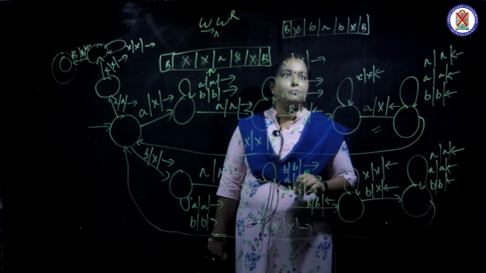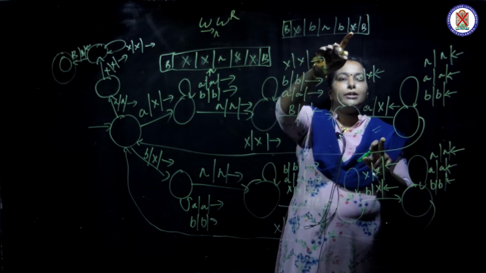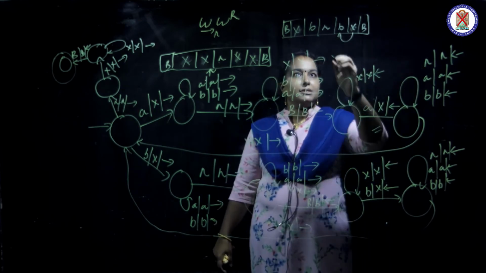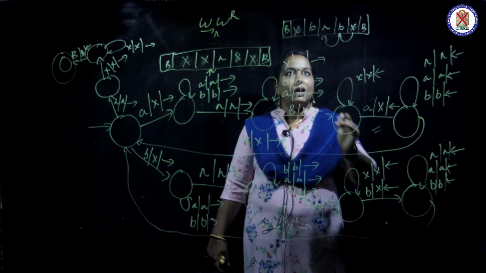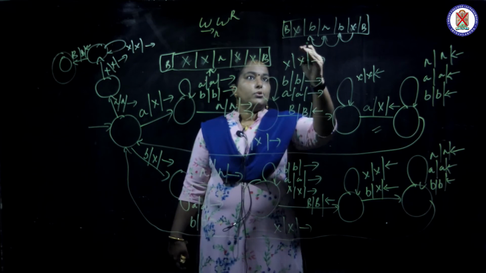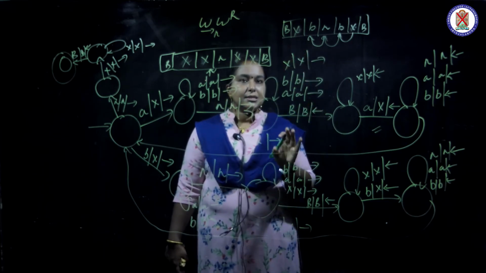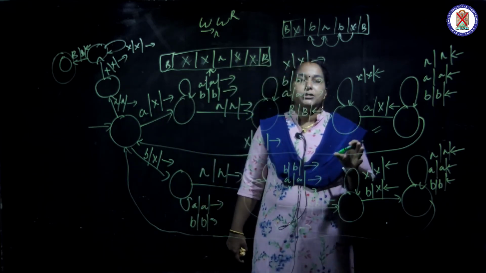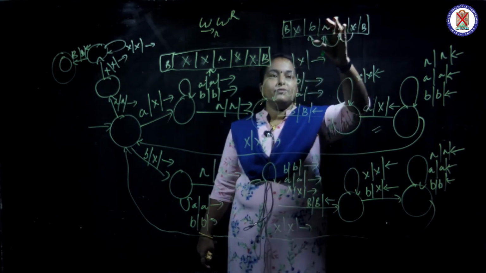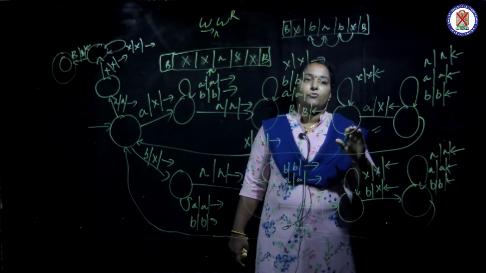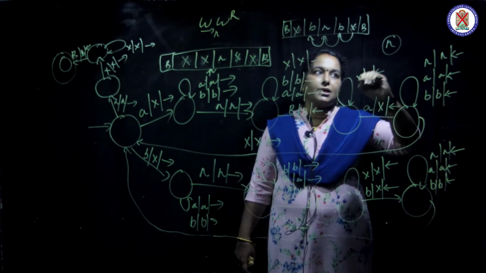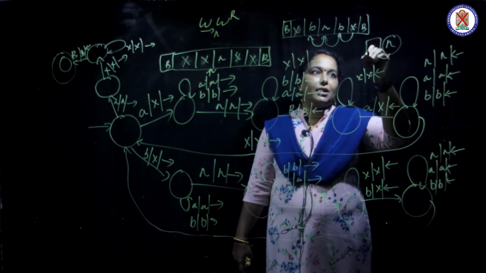Up to here you have made x, and from there the pointer will move, bypassing b, bypassing null, and bypassing b again. Okay, so you must have reached up to here. That is what I am saying. Where will the pointer be? If correctly matched, the pointer will be at the x before the null. So the correct logic is that if it is correct, the cell before null will contain x.